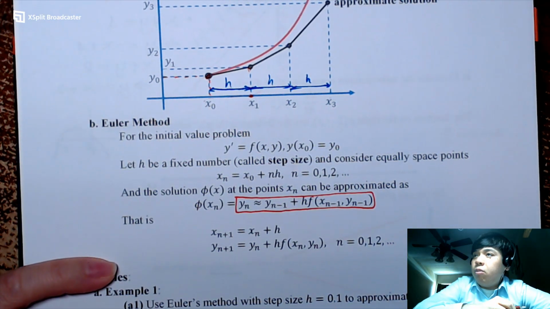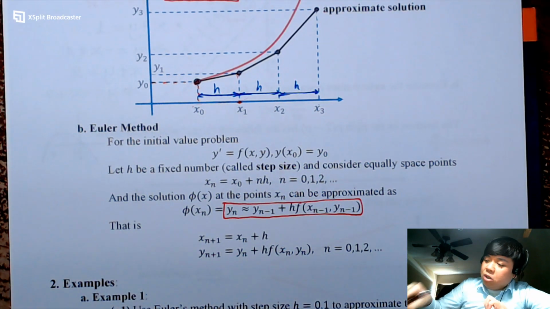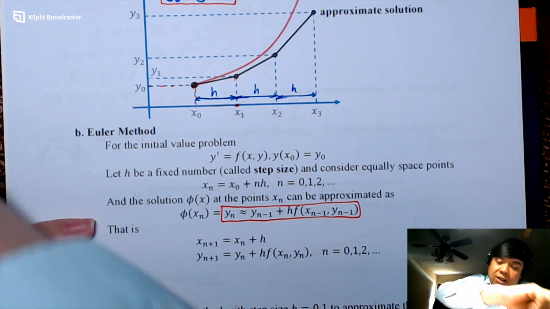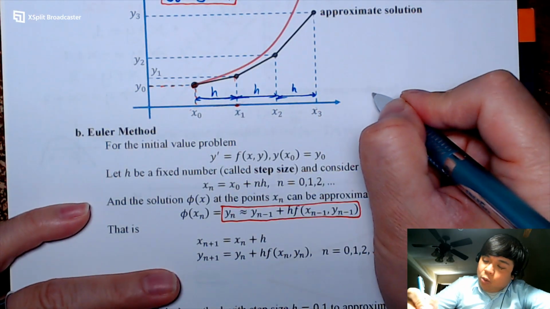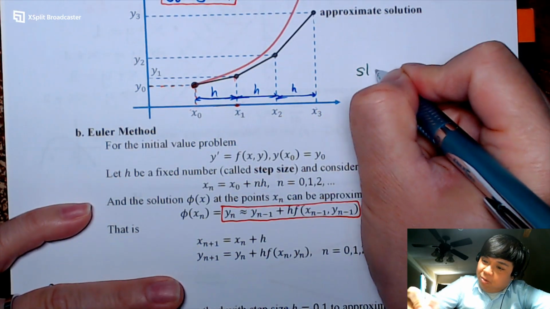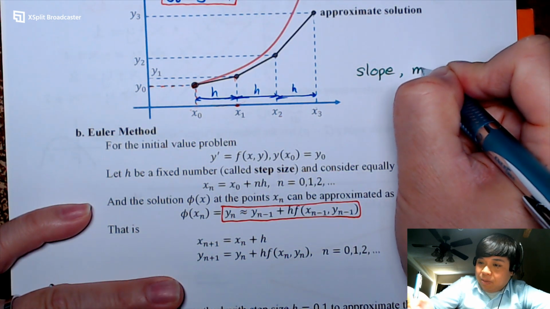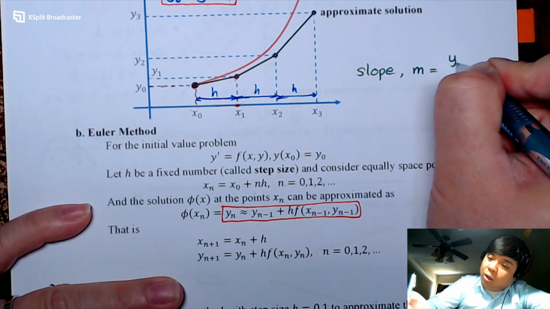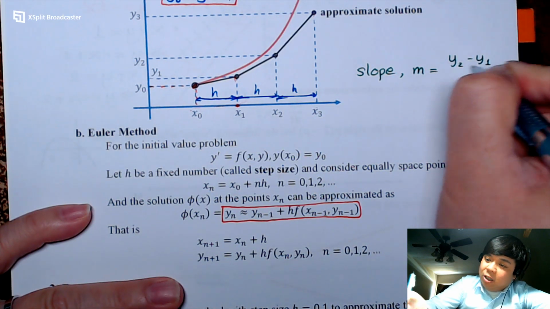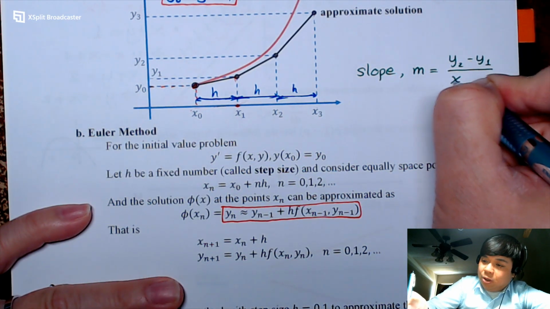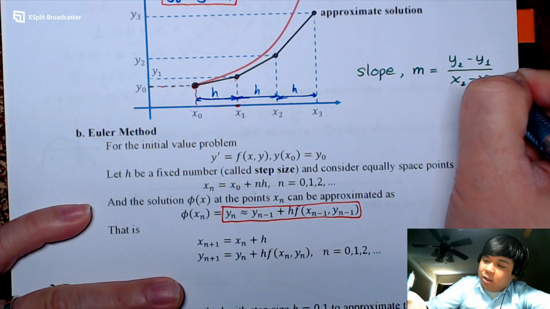Okay, let me just write this. Let's say we have the slope. This is very fundamental algebra. The slope, say m, is equal to y2 minus y1 over x2 minus x1.